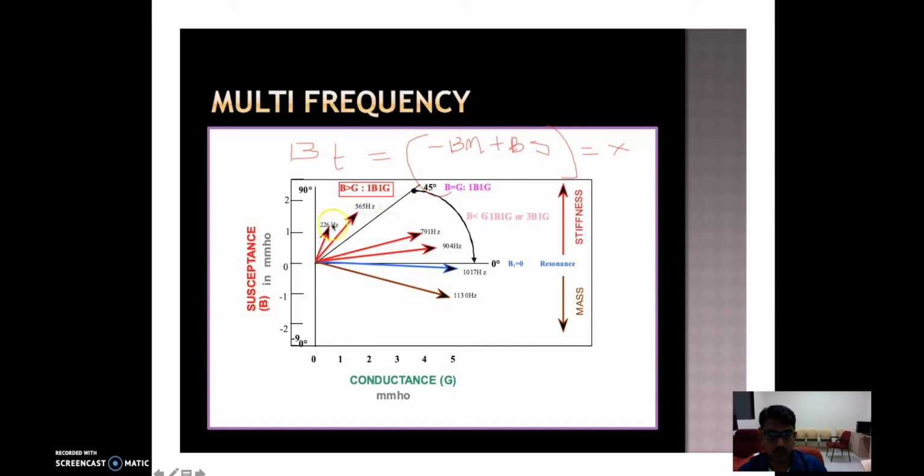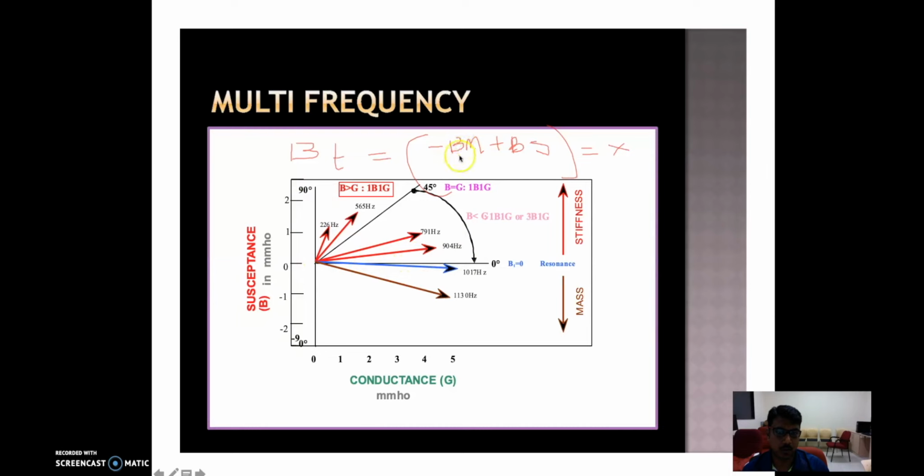As the impedance vector starts flowing from the stiffness axis, and as you increase the frequency, it starts flowing towards the mass axis, the mass quadrant. In between, it has to cross this place called 0, where the admittance offered by the stiffness component and the mass component are absolutely equal.